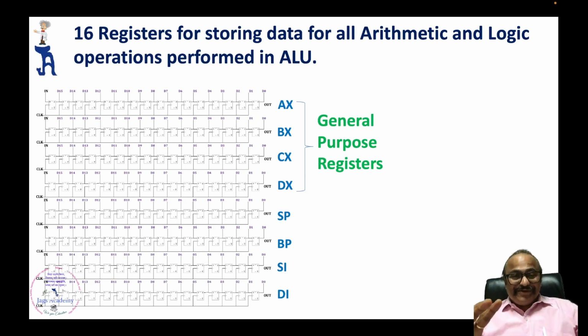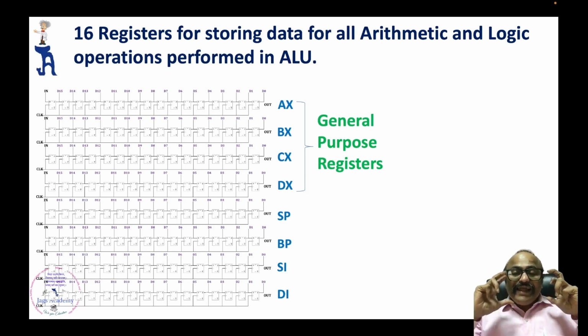If somebody asks you how many registers are there in the 8086 microprocessor, you have several 16-bit registers. That means each register can save 16 bits of data.